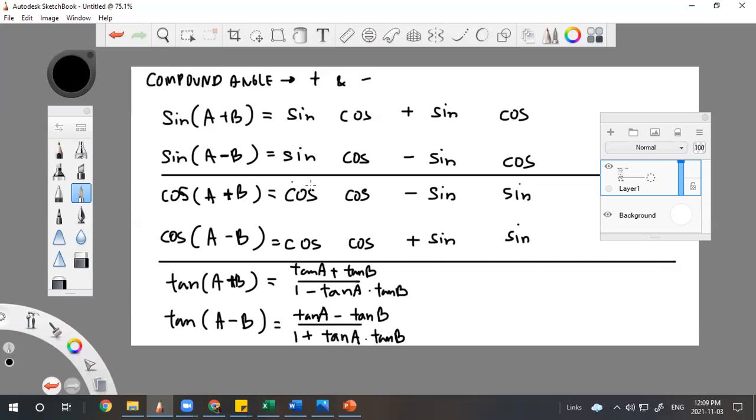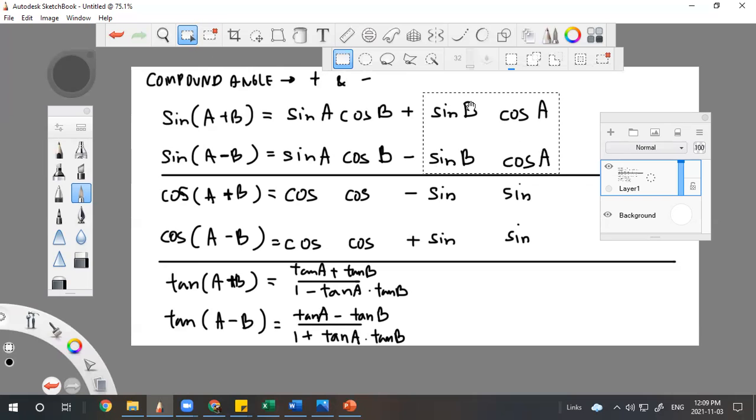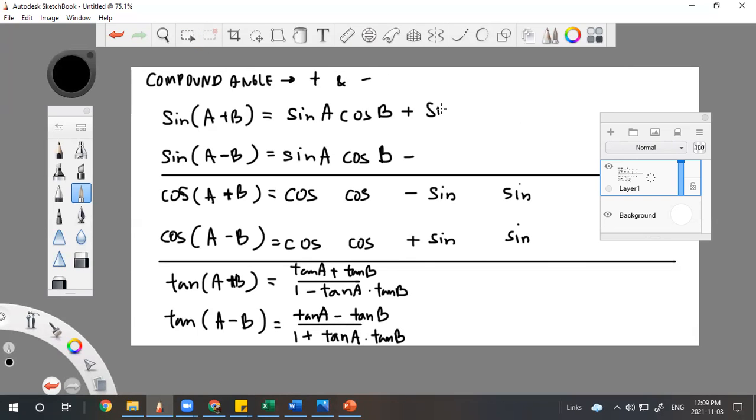Okay, and how about this? Just write AB, this will be BA, right? It cannot be AB again. Sin A cos B, sin B cos A. By the way, in your book, you can just switch this to become cos A sin B. Up to you.